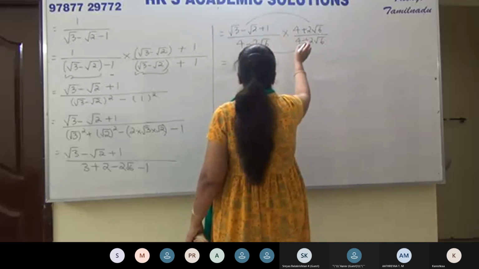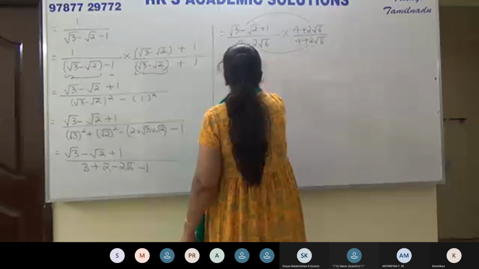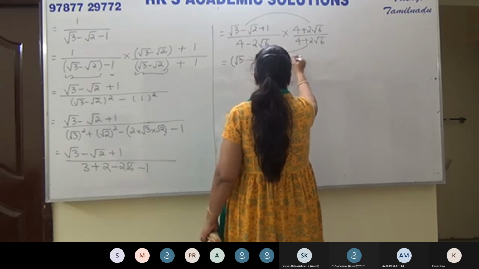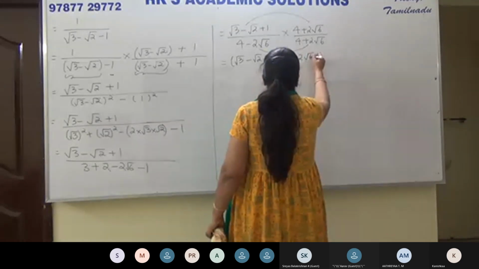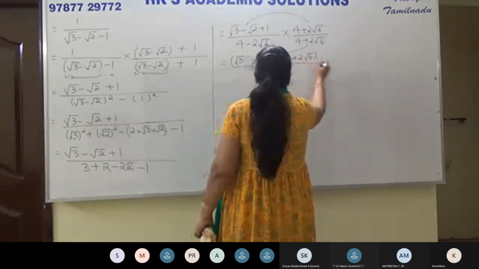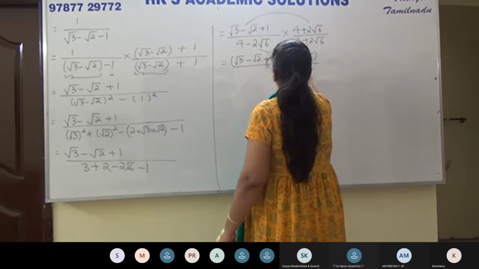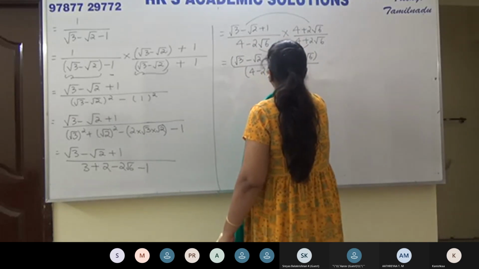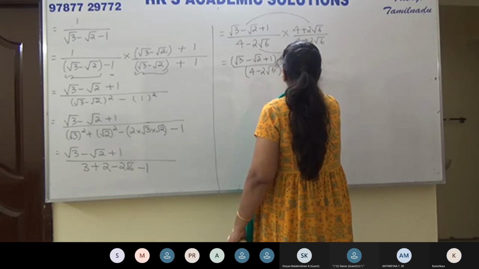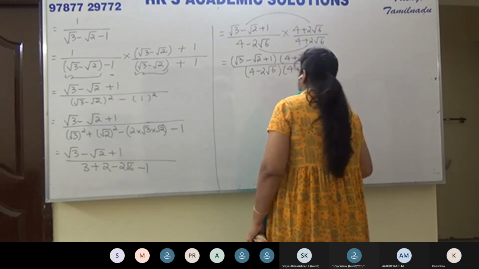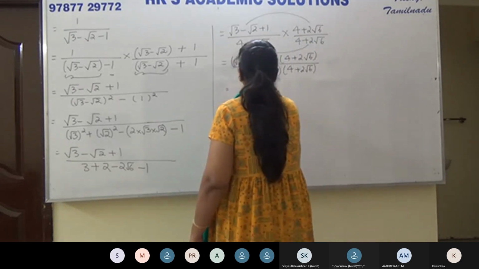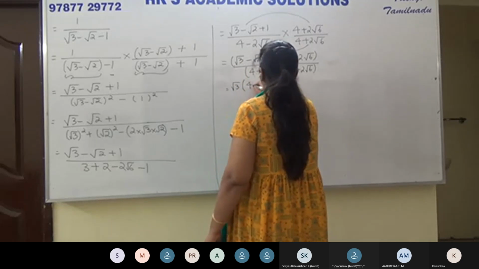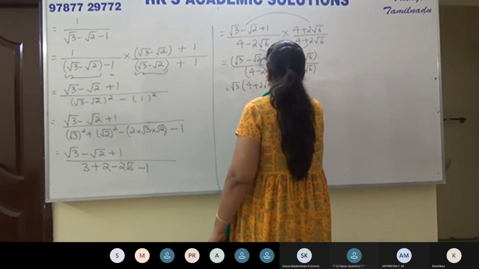So now let's multiply the numerators. That's going to be root 3 minus root 2 plus 1 into 4 plus 2 root 6, divided by a minus b into a plus b. You can just write that first: 4 minus 2 root 6 into 4 plus 2 root 6. In the numerator, you need to multiply the first term, root 3, with the second bracket 4 plus 2 root 6.